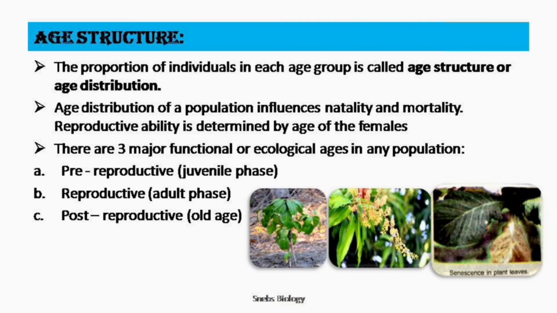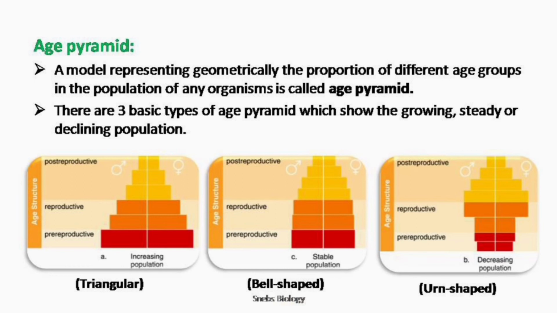Now then there is a period when they produce flowers, or in case of humans would be able to reproduce, and after a reproductive phase in plants we would include here the senescence, that means aging starts, and in case of humans normally after 45 that would come under post-reproductive. Now depending upon how many of these organisms are there in a population, we would get different types of pyramids, and these are called age pyramids, and these age pyramids would help us understand what is the fate of that particular population.